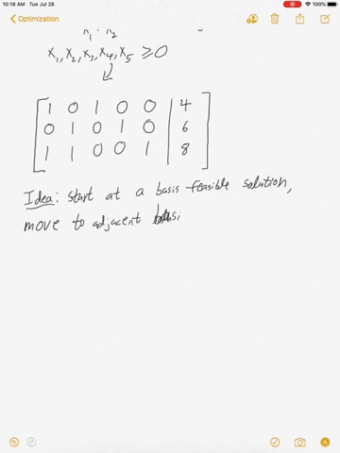Say adjacent basic feasible solutions with lower cost.